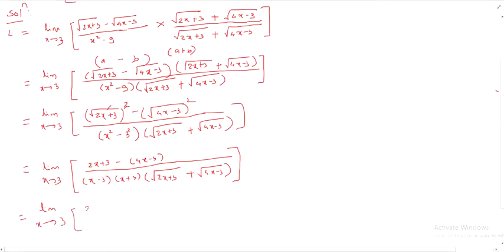Here remove the bracket due to this negative sign. Here we have put that bracket due to the negative sign. The signs of the bracketed terms get changed. That is, plus becomes minus and minus becomes plus, isn't it? And here we get this one, x minus 3 x plus 3 into root 2x plus 3 plus root 4x minus 3.